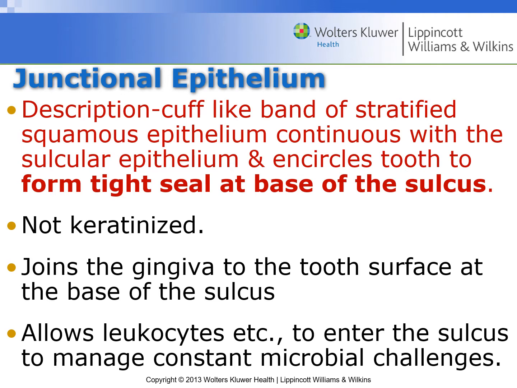It's continuous with the sulcular epithelium up to there. It encircles the tooth to form a very tight seal at the base of the sulcus. And this is the junctional epithelium's main purpose: to form a big tight seal so nothing can go back and forth. Not a lot.